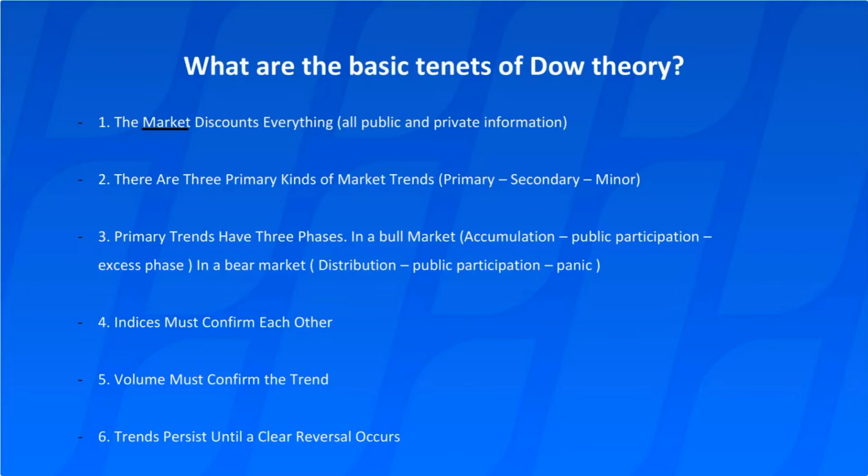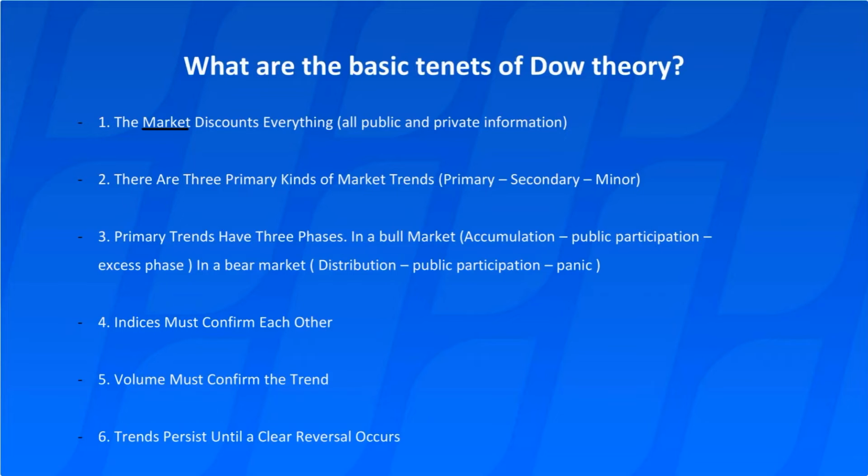As per Dow's theory, this stock currently at $40 should discount, which means it should reflect, it should include all of the public and even private information. It should reflect all of the positive as well as negative information that should influence the stock's price, whether positively or negatively. And by the end, the stock's price is at the moment $40.